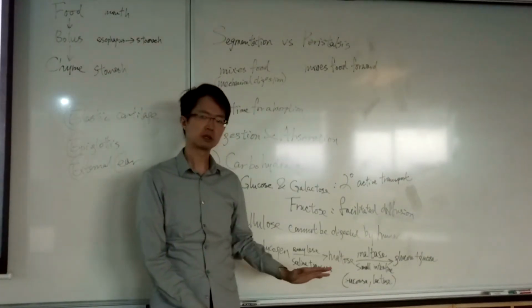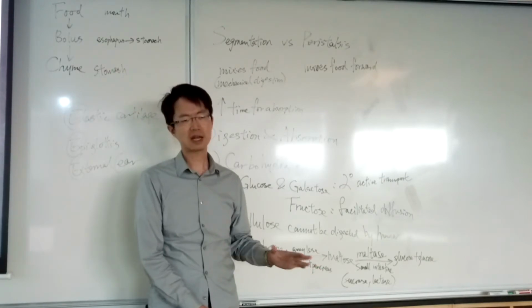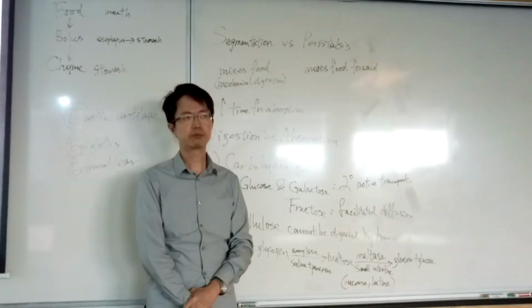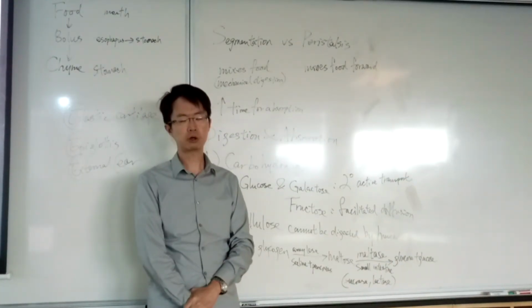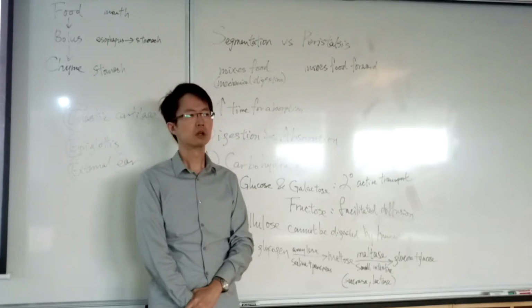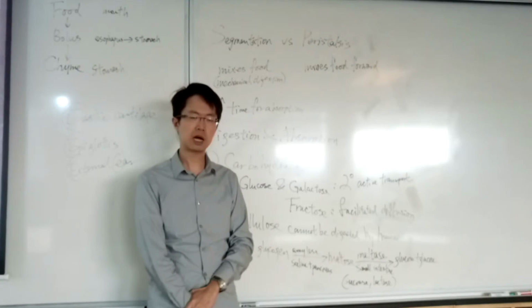But since the body does not produce lactase anymore in adults, the lactose cannot be broken down into glucose and galactose. So lactose as a disaccharide will go all the way down to the large intestine.